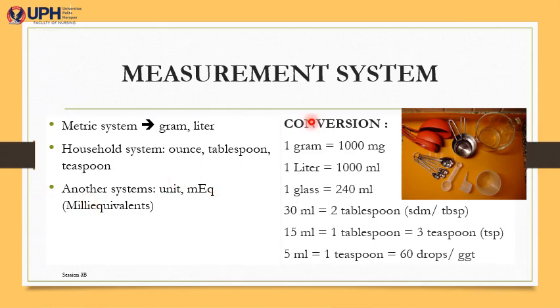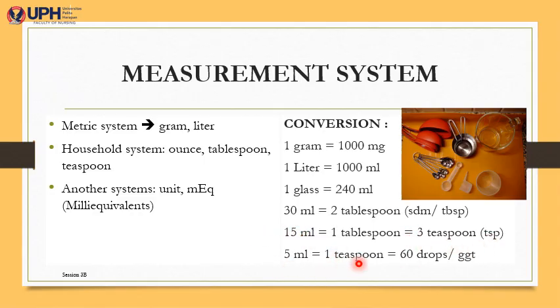And when we do conversion, as mentioned, you need to do the calculation, you need to understand and remember that a gram is equal with 1000 milligram, a liter equivalent with 1000 milliliter, a glass equivalent with 240 milliliters. And when we talk about 30 milliliter, it means we have 2 tablespoons. And 1 tablespoon is equal with 15 milliliters, or equal to 3 teaspoon.